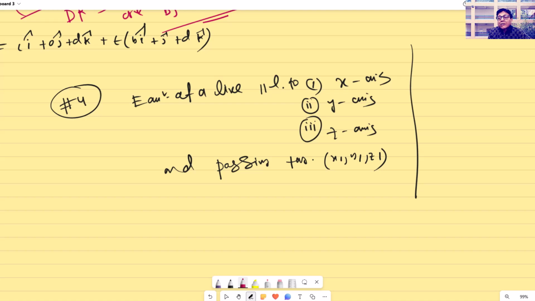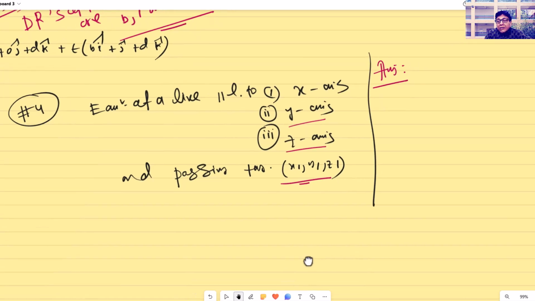How to write the equation of a line parallel to x-axis passing through this, parallel to y-axis passing through this, parallel to z-axis and passing through this? Let me do one, then we will be able to understand.